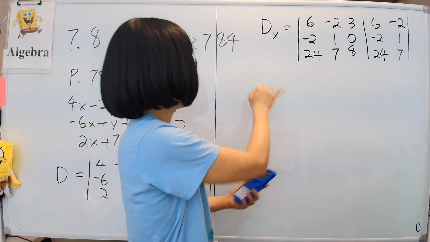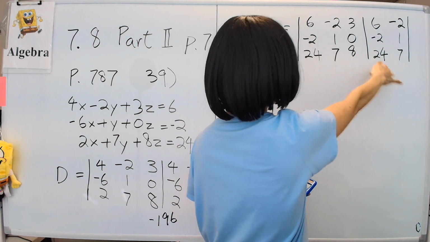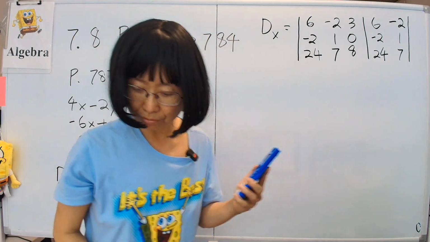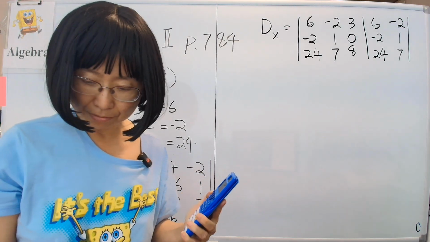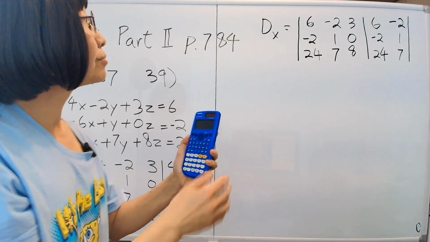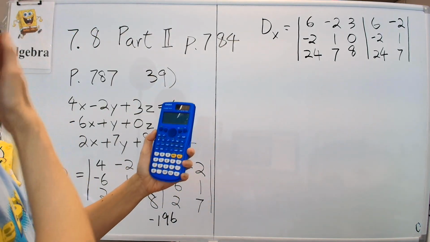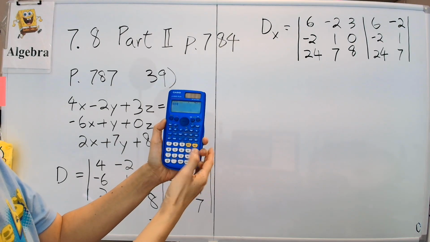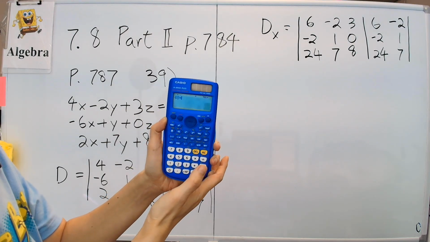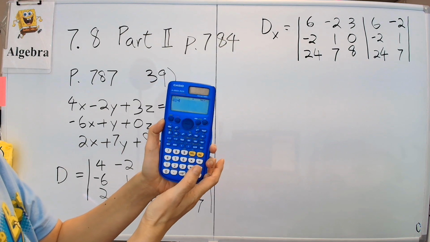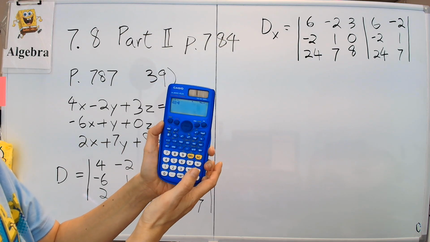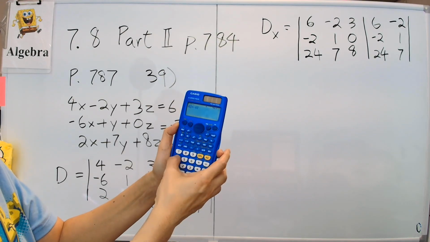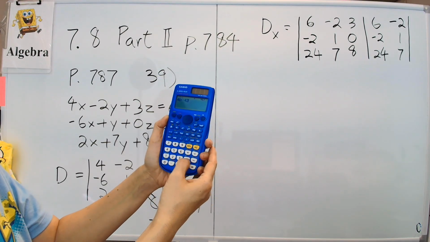To calculate dx, we'll do that same thing. Let's see, I will stand over here. 6 times 1 times 8, that's 48, the first diagonal. Minus 2 times 0, we'll skip that one. 3 times minus 2 times 7, that's minus 42. So I'll put that in. That's all the additions.